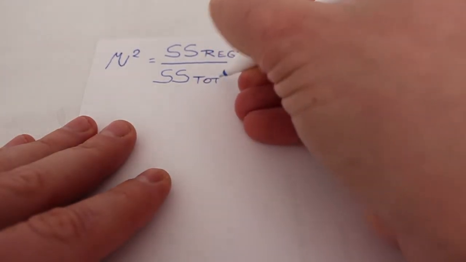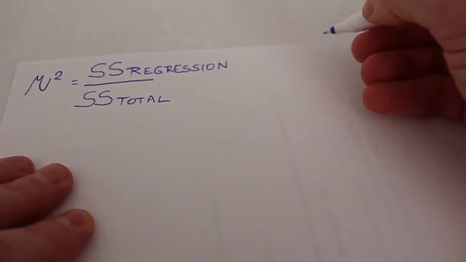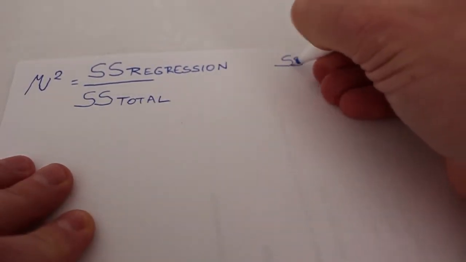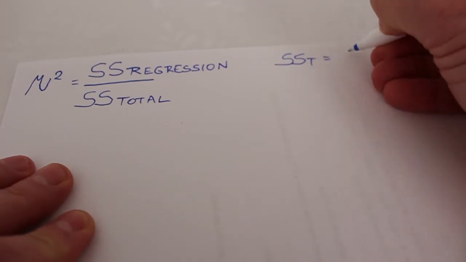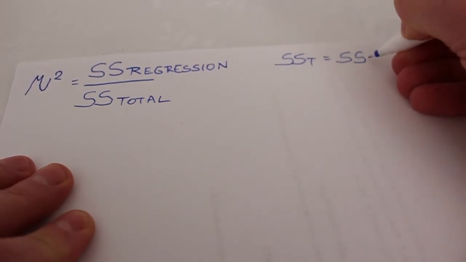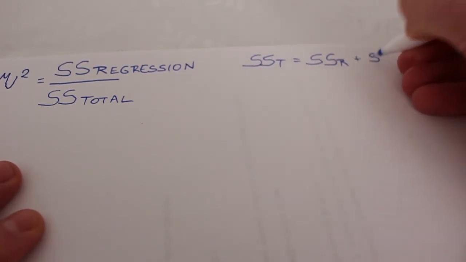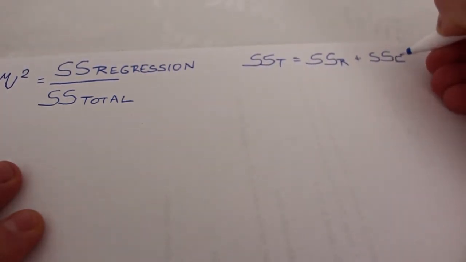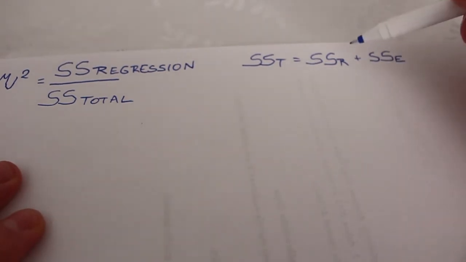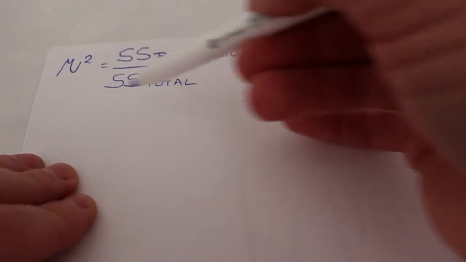In your formulas you have written that sum of squares total is equal to sum of squares regression plus sum of squares error.